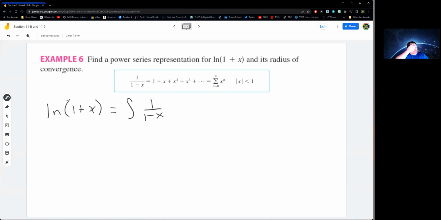Oh, sorry, 1 plus x, not 1 minus x. So that's the integral of 1 over 1 plus x. Does that make sense?